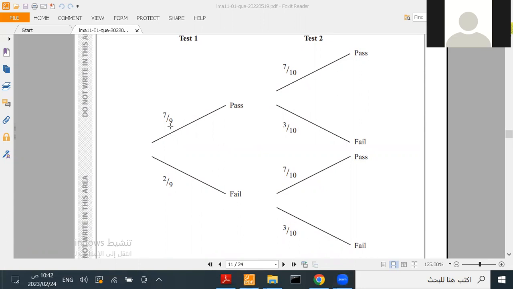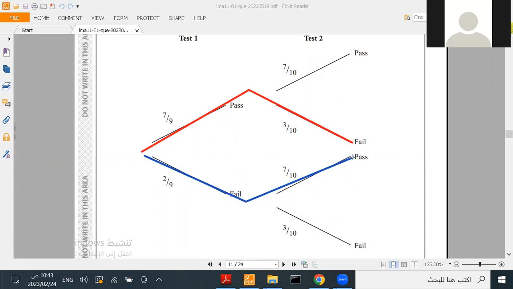I want you to focus with me here. Passes one test only means pass the first one and fail the second one. Let's do it like this. The first thing we work on is pass and then fail. And then we're going to work on fail and then pass.